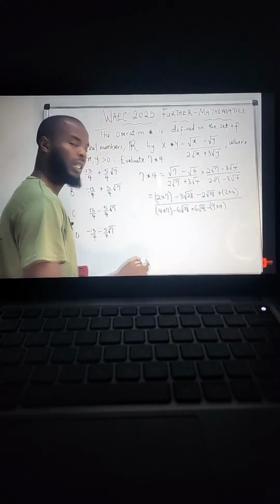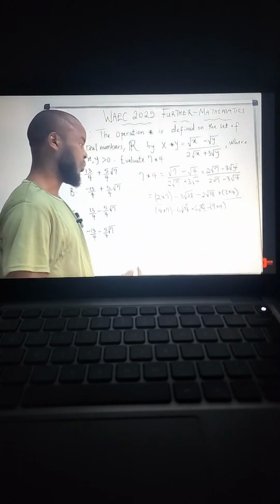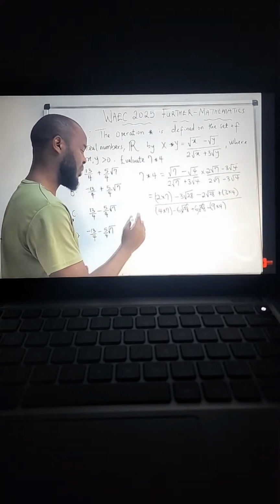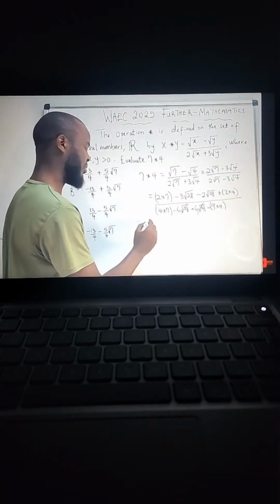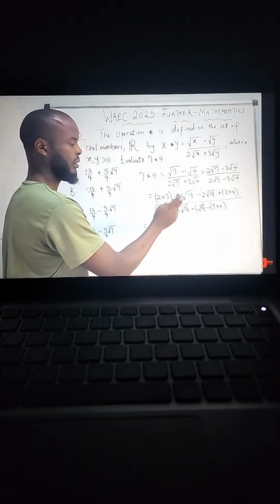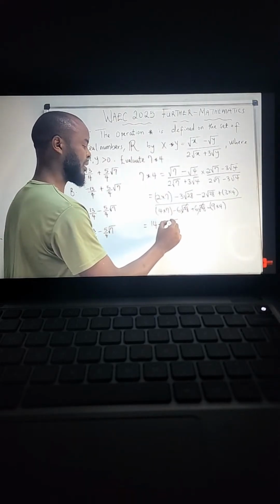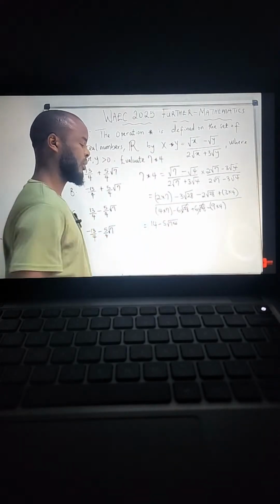Now, if you look at this, it can be cancelled out. And we can proceed by simplifying this. So here we have 2 times 7 to be what? 14. Minus 5 root 28. Don't forget root 28 is the same thing as 7 times 4. Okay?